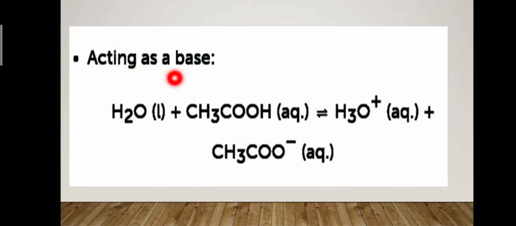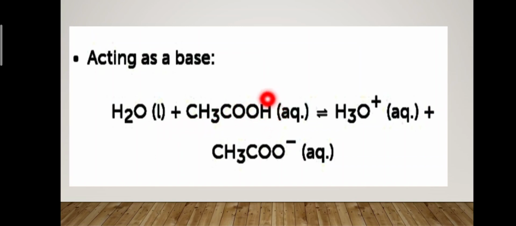Water acting as a base. When an acid dissolves in water, water acts as a base. It accepts the proton of an acid and forms hydronium ion, that is H3O positive. In this reaction, water acts as a base because it accepts the proton of an acid.